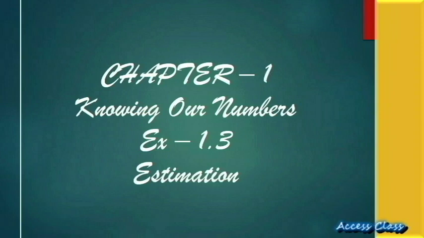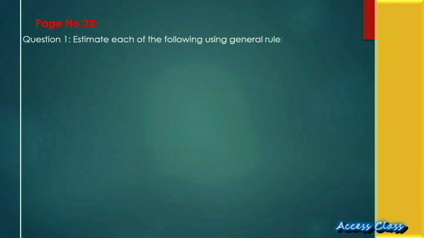Before starting this, I want to request you to please watch all the videos before solving the exercise in your copy. Now let's begin. Page number 23, Question number 1. Estimate each of the following using general rule.